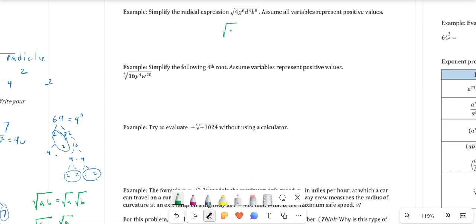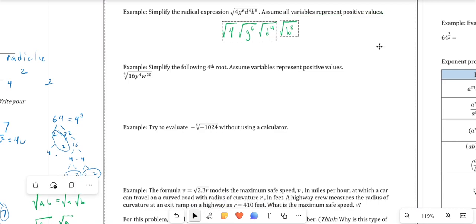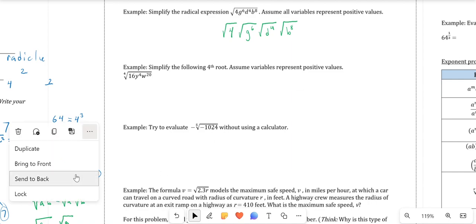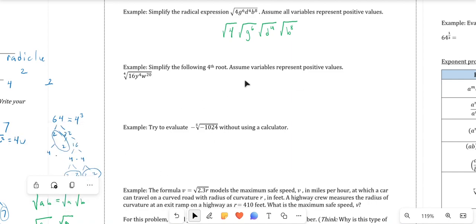The square root of 4, the square root of g to the 6, the square root of d to the 4th, and the square root of b to the 8. This all variables representing positive values is meant to keep us from having to worry about the principal root question that I mentioned earlier. Let's lock this board.